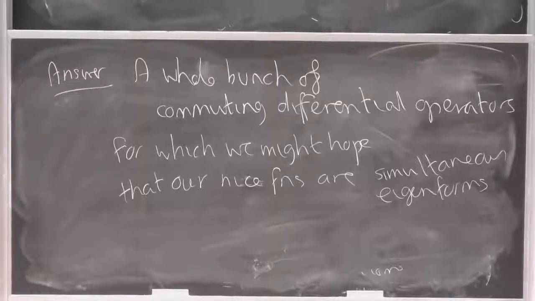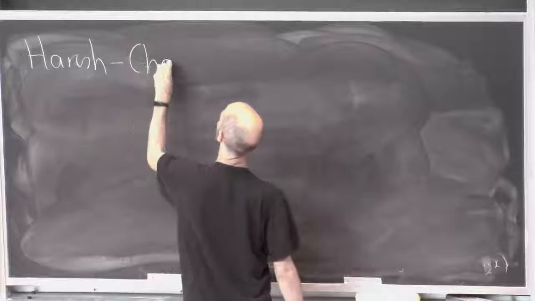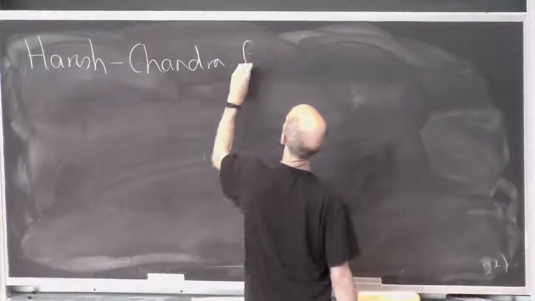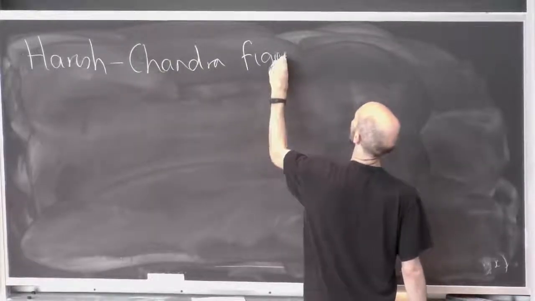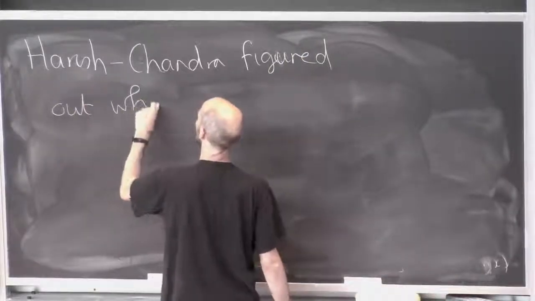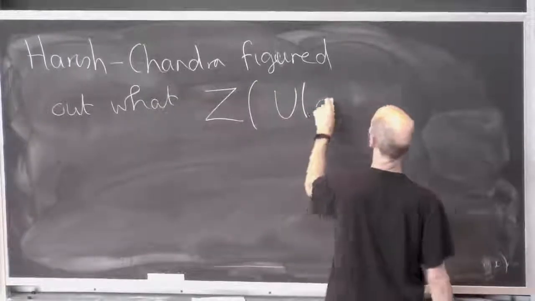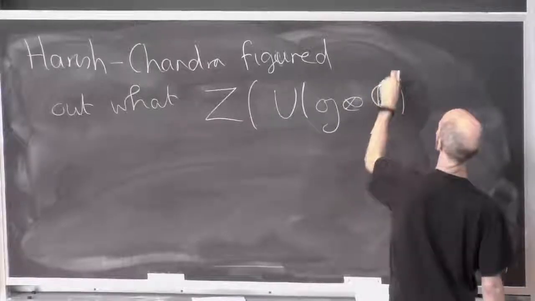Harish-Chandra found the structure, except we have to work over C. Harish-Chandra figured out what the center of U of G was, at least over the complexes.